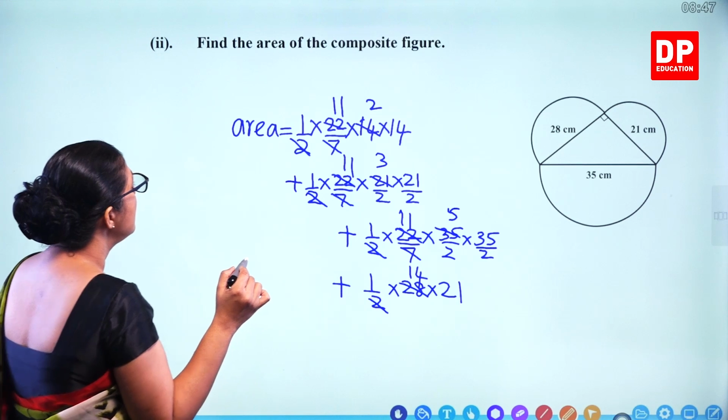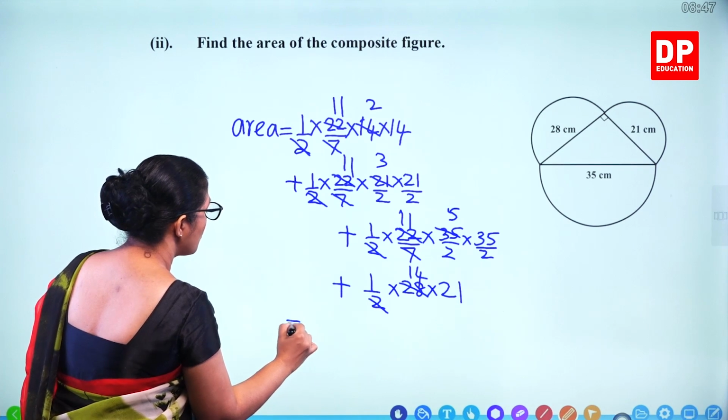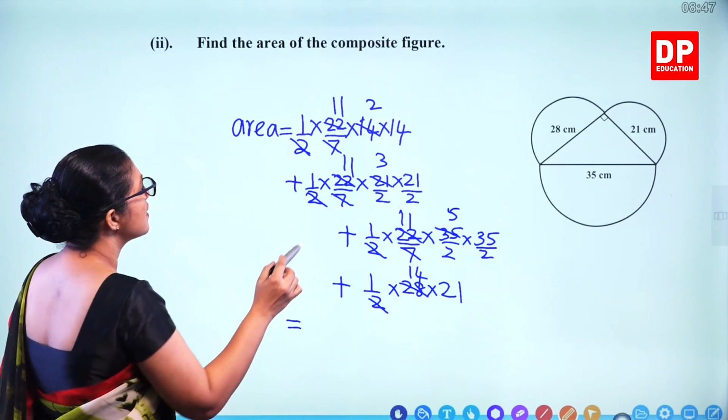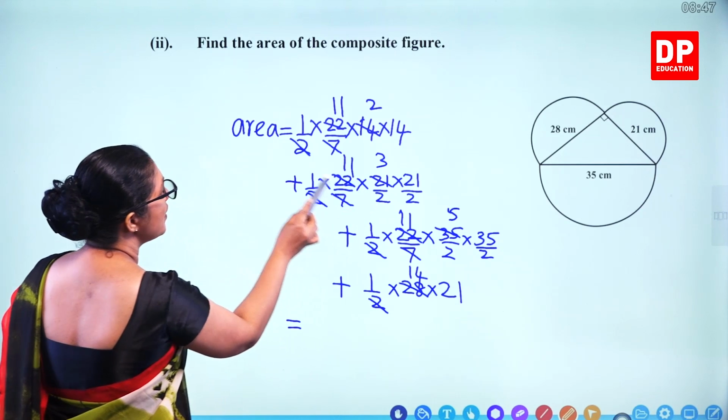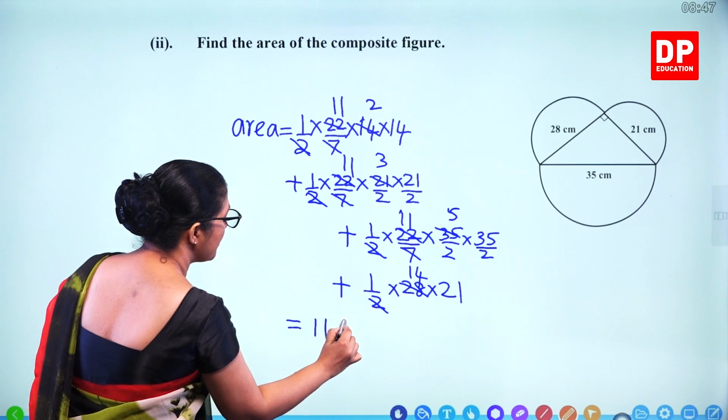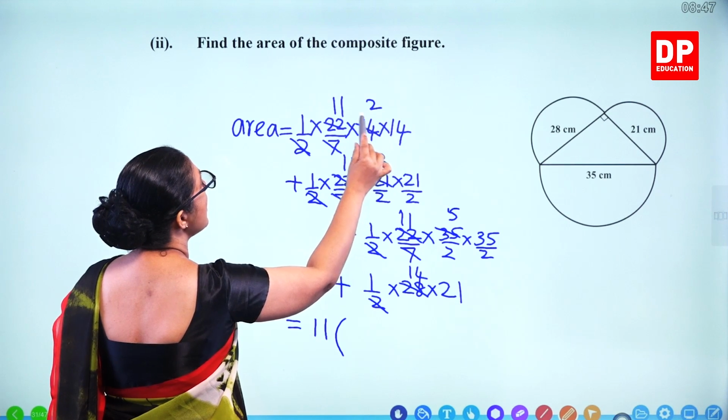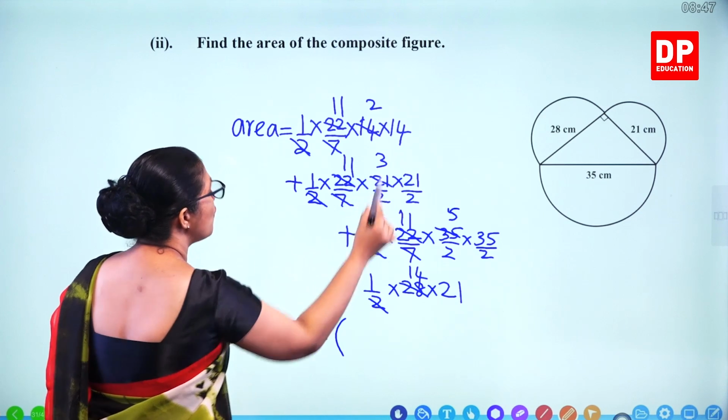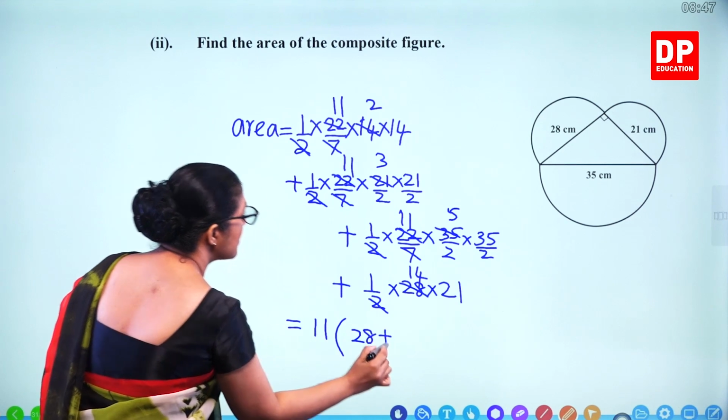Now we can take the common terms out. What's common for all these? 11 is common. So we'll take 11 from these 3. You get 2 times 14, that's 28.